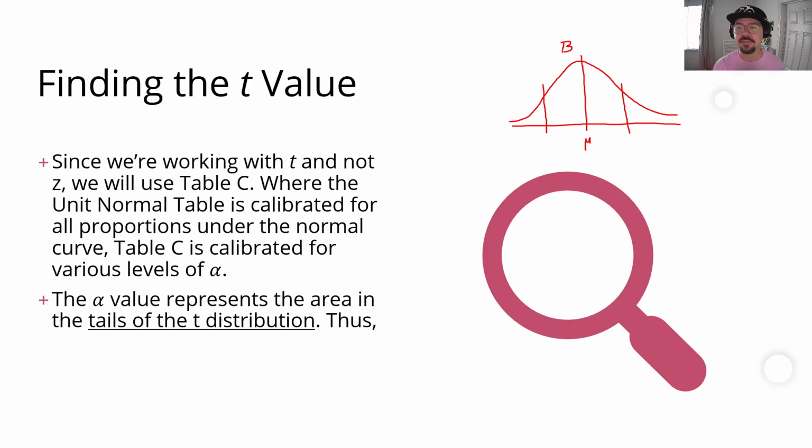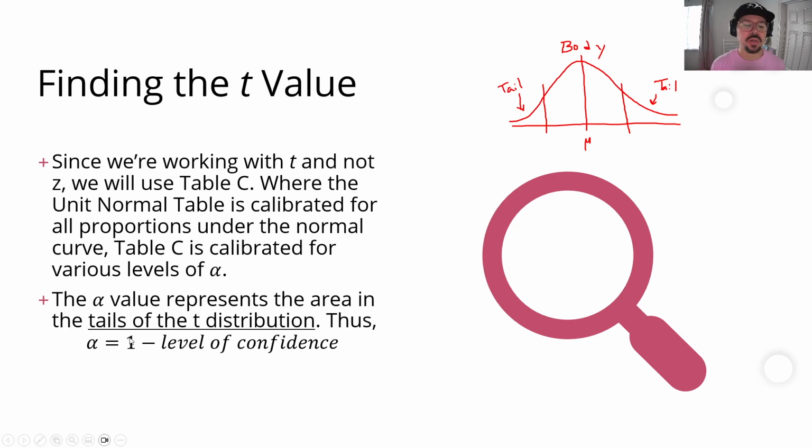The body is thought of as this bigger area, typically in between two tails. Then this down here is the tail, as well as this area over here. So when I say tail of a distribution, that's what I'm referring to. So the alpha value represents the area in the tails of the t distribution.